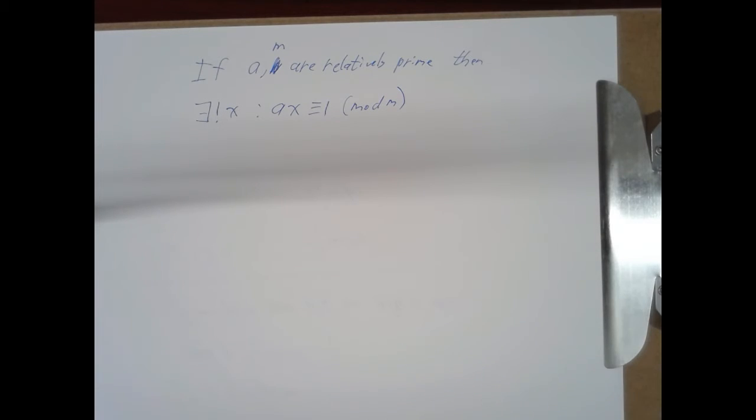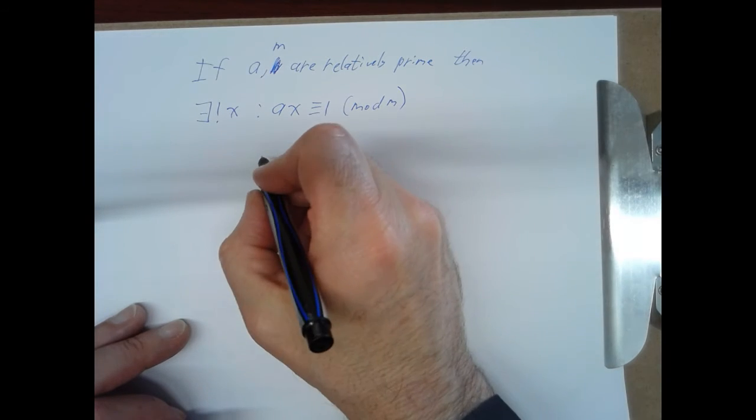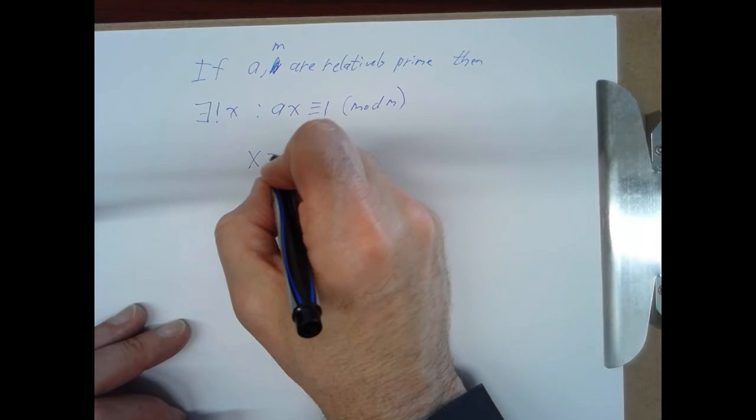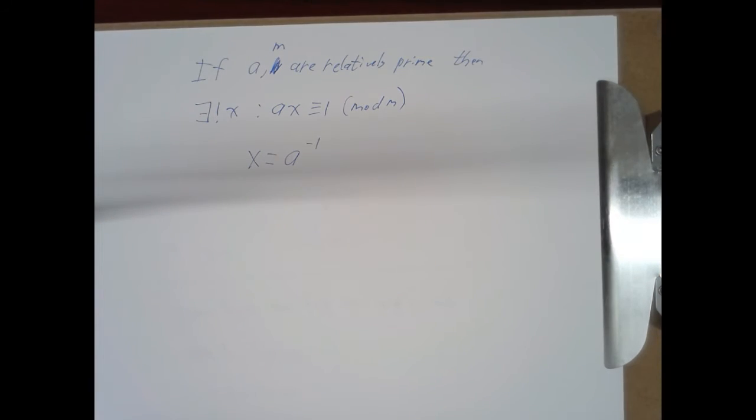And in particular, if there's a unique x such that ax equals 1, we can write x equals the inverse of a, the thing you multiply a by that gives you 1. And this was another observation we had when we looked at those multiplication tables. We could define an inverse for all the numbers modulo p if p was prime.